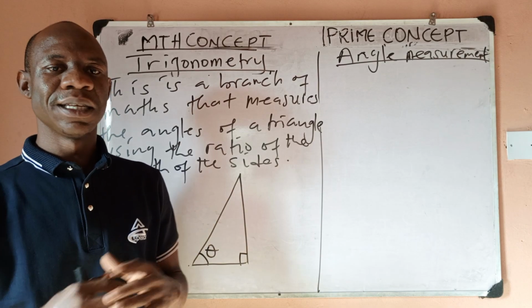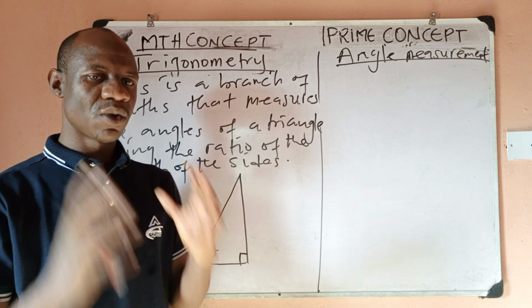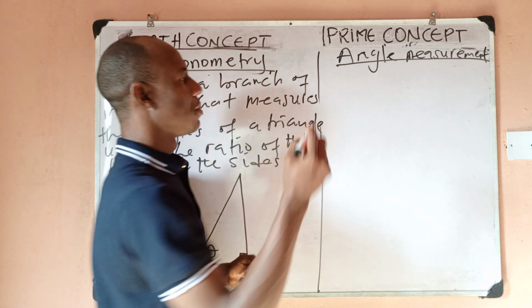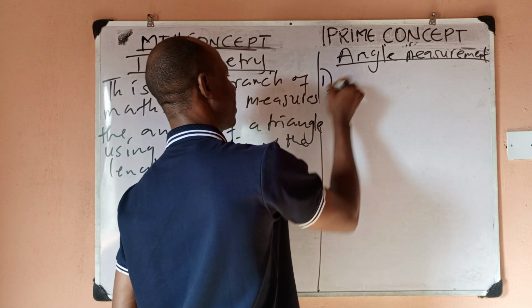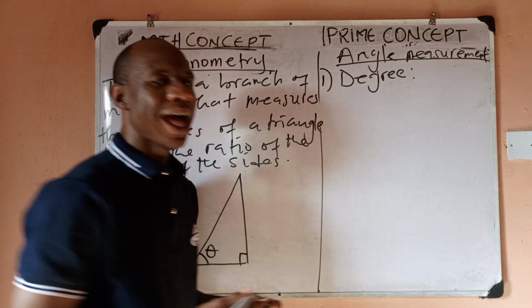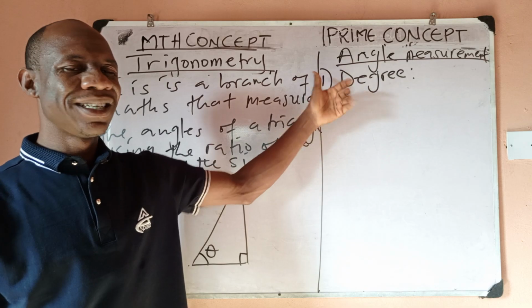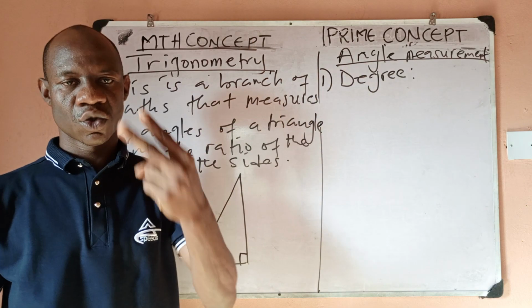Basically, we want to consider just two aspects, but we have so many. But we'll consider two aspects for measuring angle. Number one is degree.